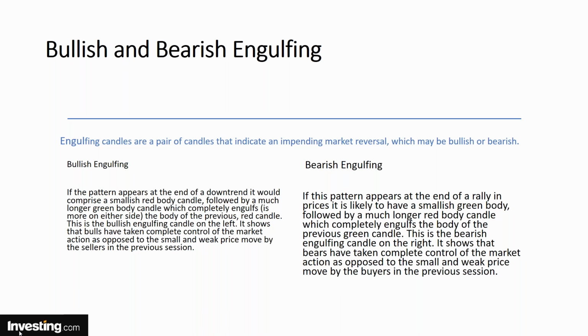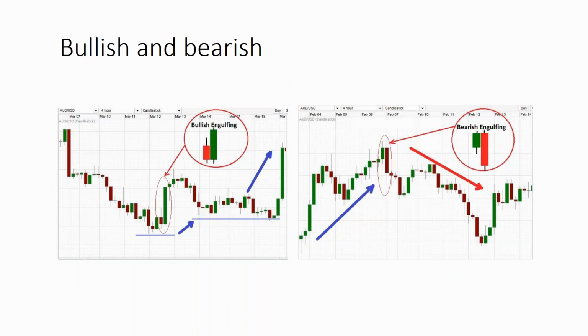It shows, if it's a bullish engulfing, that the bulls have taken complete control of the marketplace. Because what's happened is you have price moving down, so it meant the bears were in control. Price is going down. And then you have the bullish engulfing.